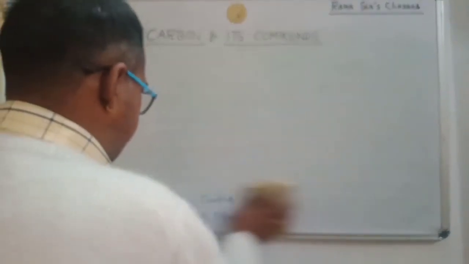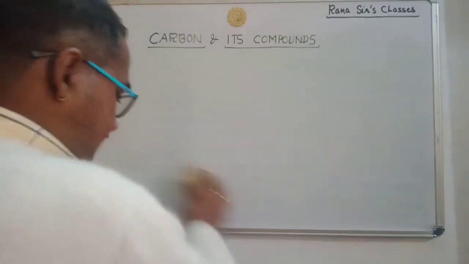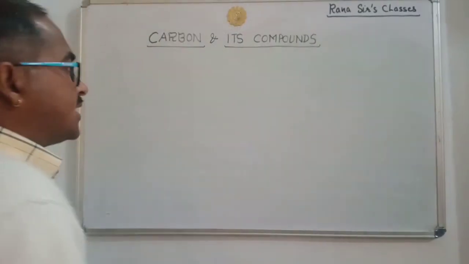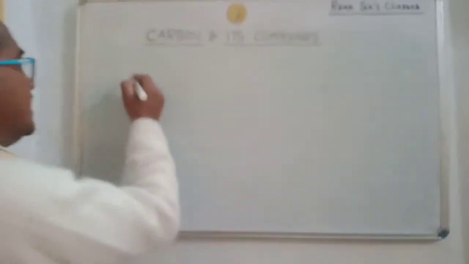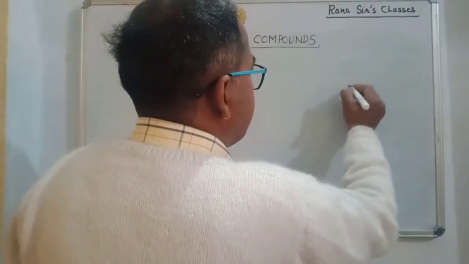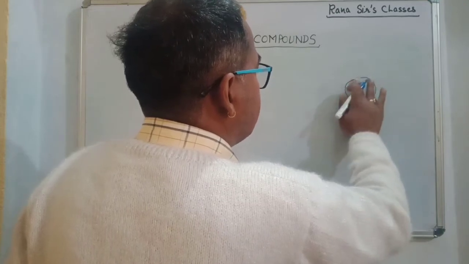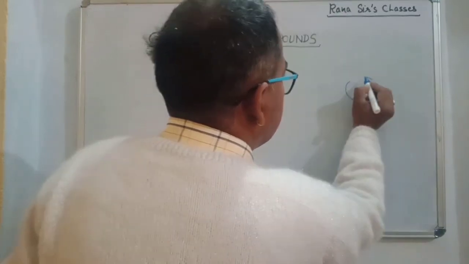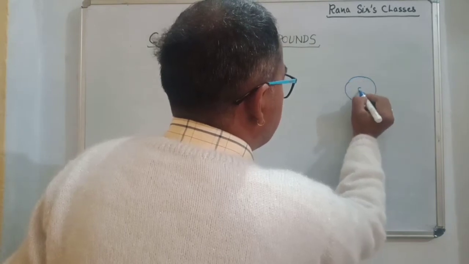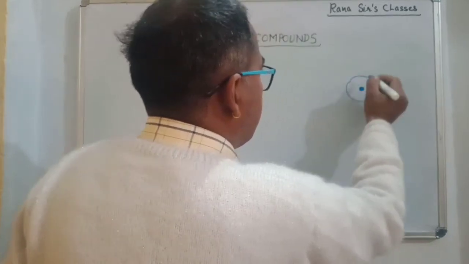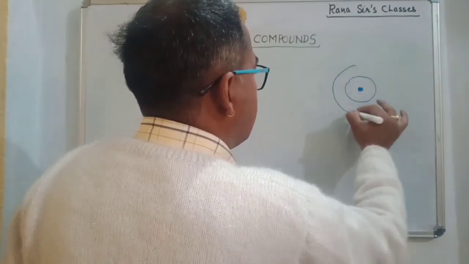Now see, carbon has atomic number 6. It has a nucleus, a first shell and a second shell.